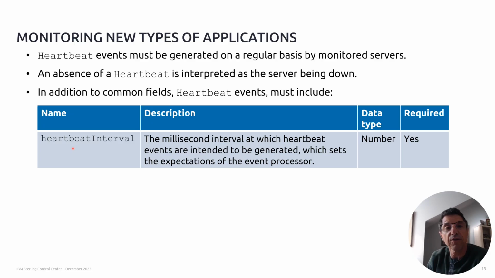There's no preconceived notion in Control Center of how often heartbeats have to be received. You tell Control Center how often to expect a heartbeat via this heartbeat interval that's a required element for all your heartbeat events. And when Control Center doesn't see a heartbeat within the interval that has been specified, then it will say the server is down.